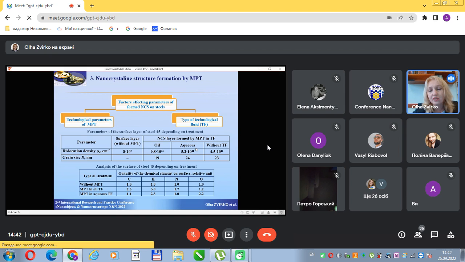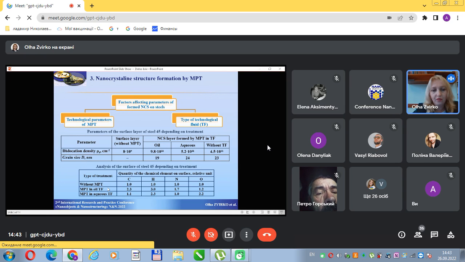Also, using the mass spectrum analysis, we have observed changes in chemical composition of the surface treated layer, and the highest increase in carbon and nitrogen and the smallest in oxygen was obtained using oil technological fluid.